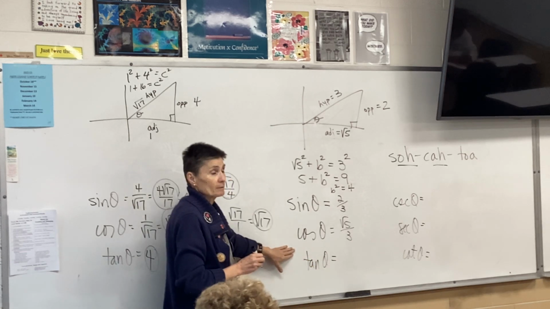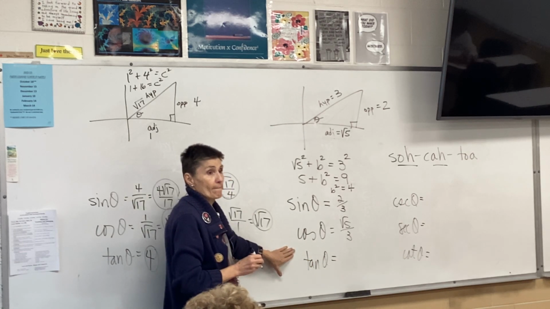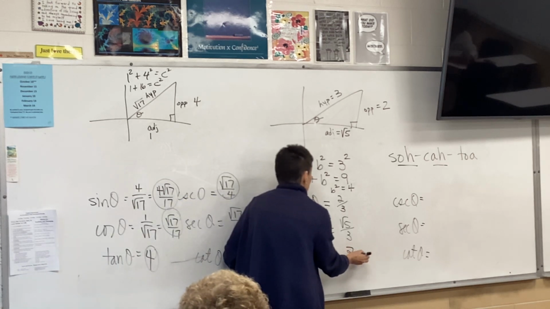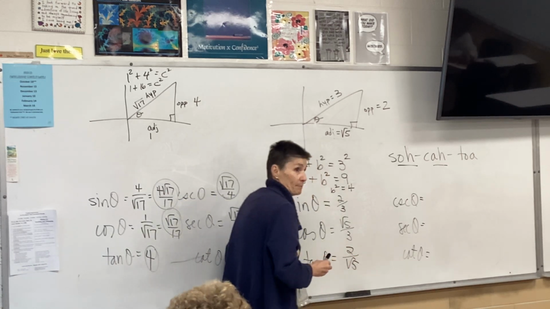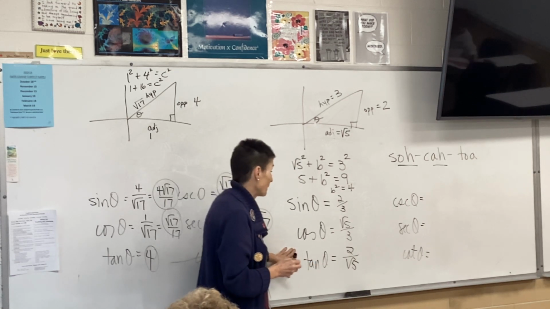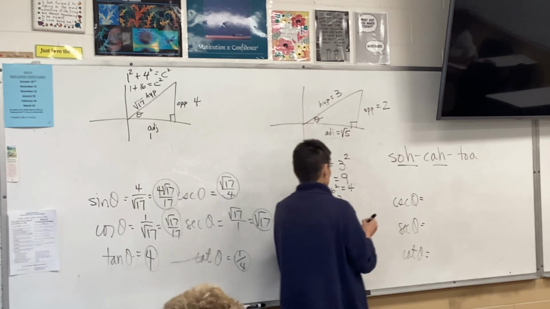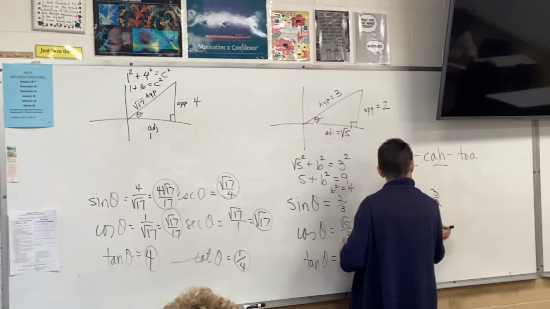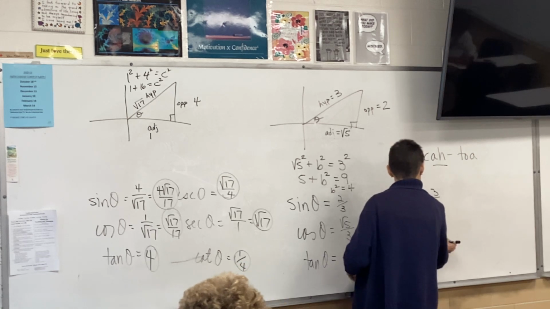What's tangent? It starts out as 2 over root 5, right? Opposite over adjacent. I'm going to have to fix that. Now I'm going to do some flipping. So I got 3 halves, 3 over root 5, and root 5 over 2.